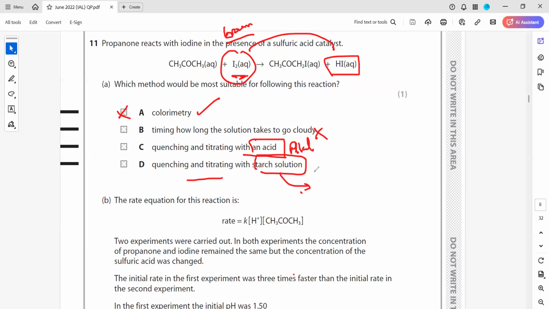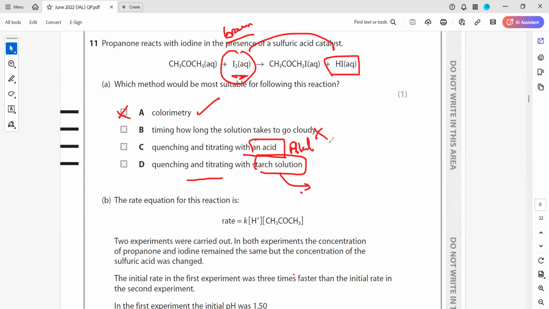Starch is an indicator. What's the color of starch before reacting with iodine? Starch solution is colorless.